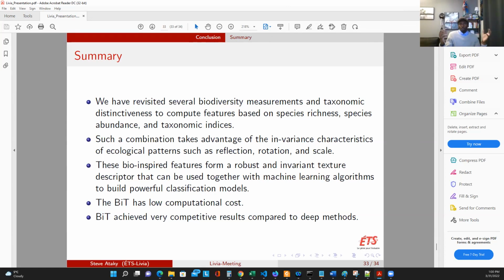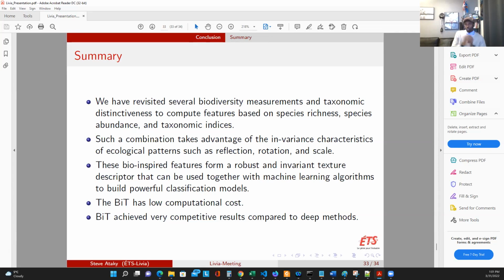So we combine all these components to take advantage of the invariance characteristic of ecological patterns. And this feature descriptor forms a robust and invariant texture descriptor that can be used together with different classifiers to build a powerful classification model.